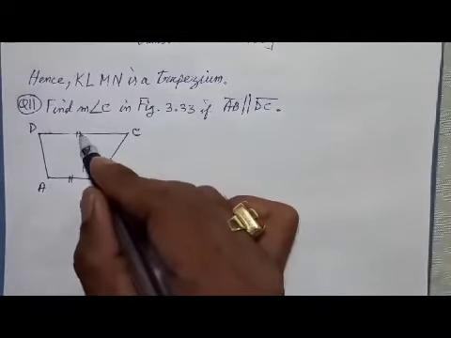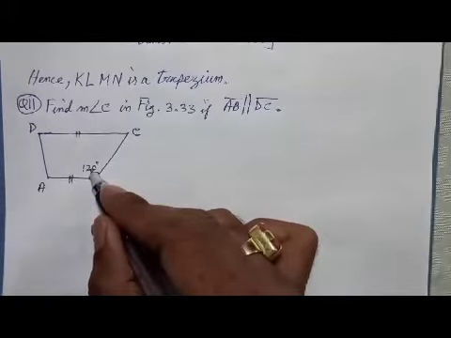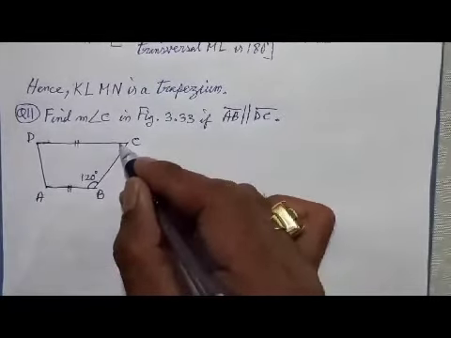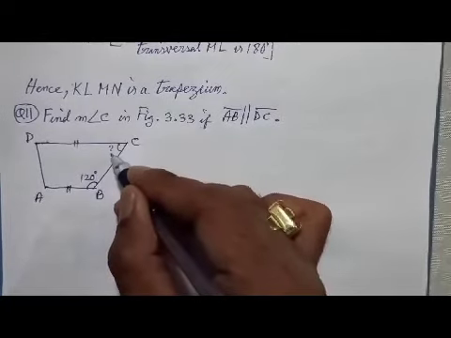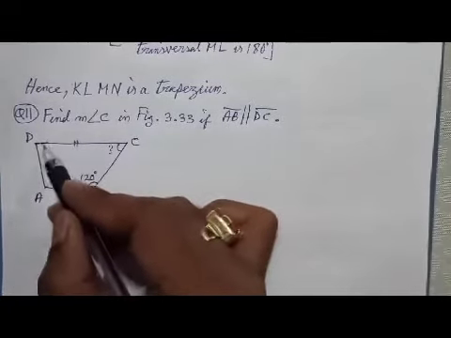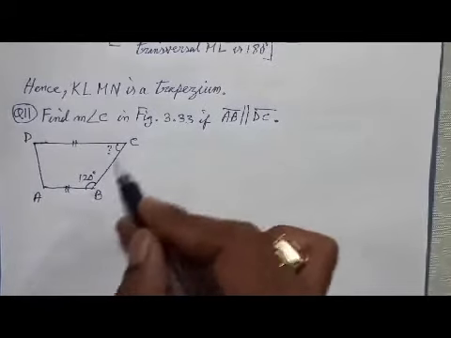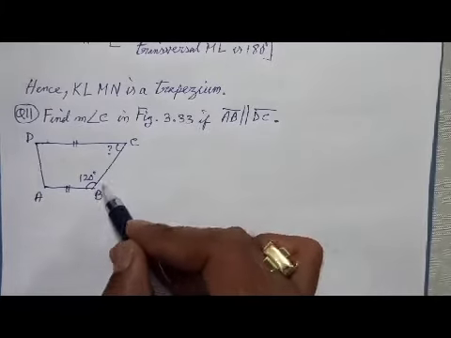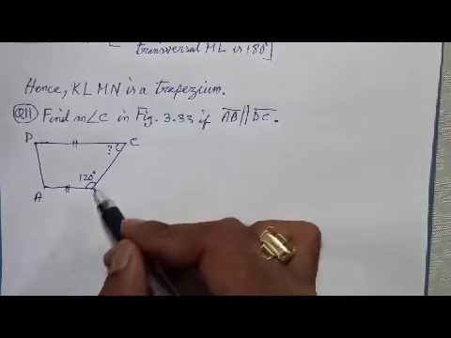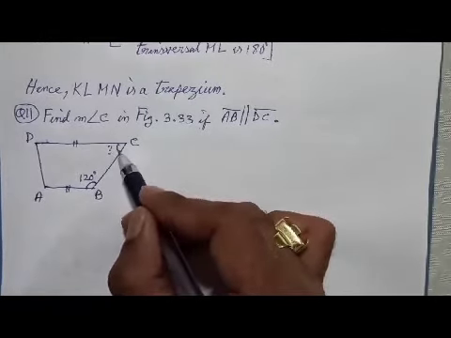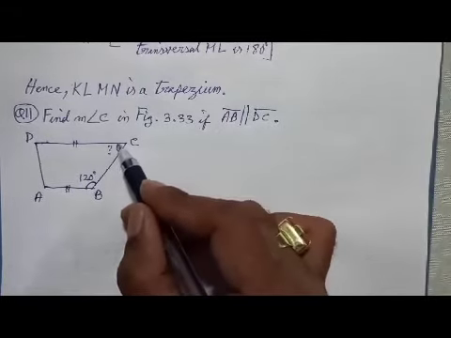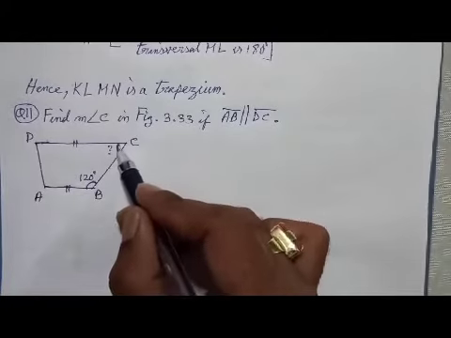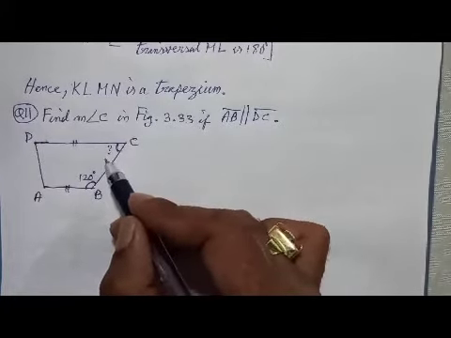If this side and this side are parallel, and this angle is 120 degrees, the question says to find the measure of angle C. This question is easy. If the lines are parallel, then the adjacent angles, angle B and angle C, are supplementary. That means the total must be 180 degrees. To find this angle, we do 180 minus 120, so this angle will be 60 degrees.